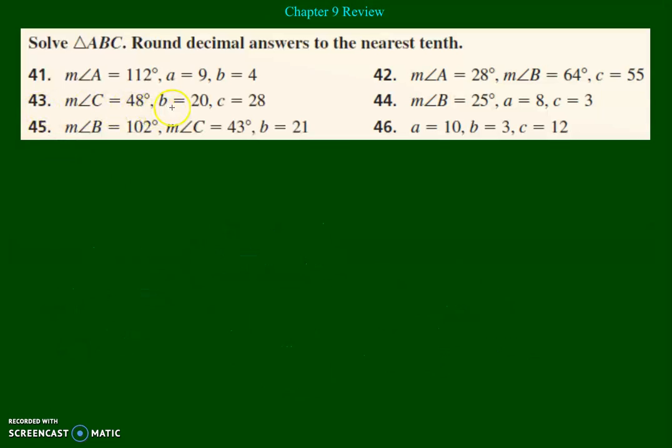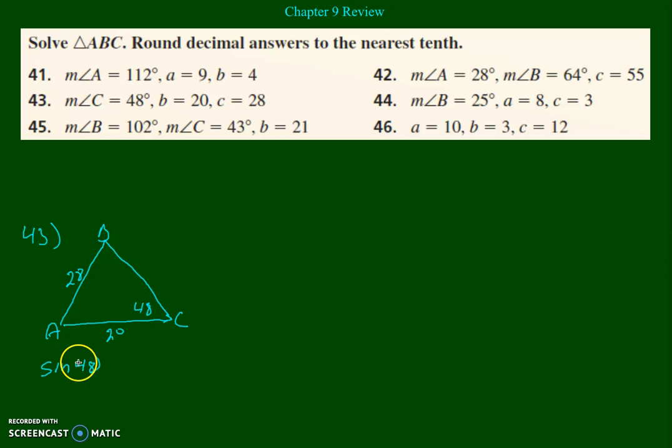So here we are in 43 again with an angle and two sides. So it looks like another law of sines problem. So 43, let's draw our triangle in here. A, B, C. We have C is 48 and b is 20 and c is 28. We're looking for an angle, so I'm going to put the angle on top. So let's do it down here.